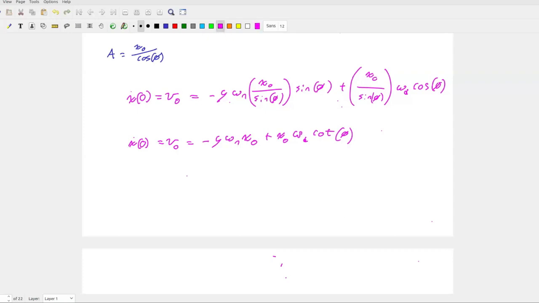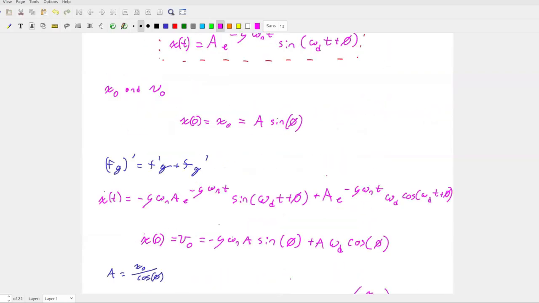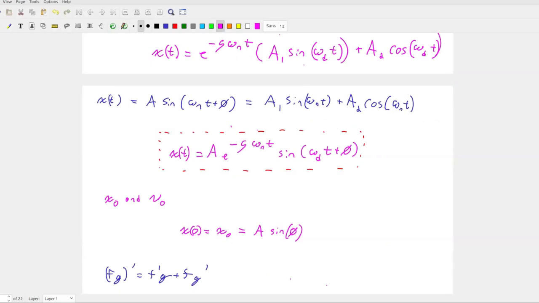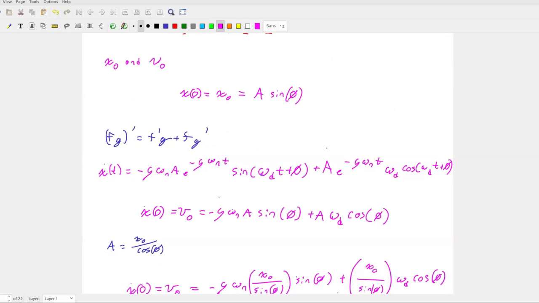You stated A is x naught over cosine phi, and then in place of A in the x naught equation, you actually used x naught over sine phi in place of A. So you think both of those should be... No. So, okay, I do have a mistake. X naught is A sine phi.